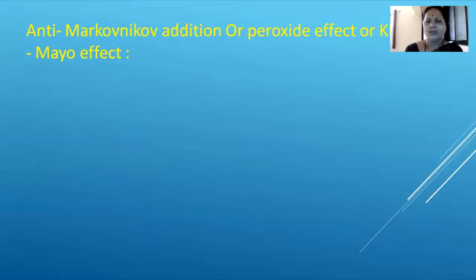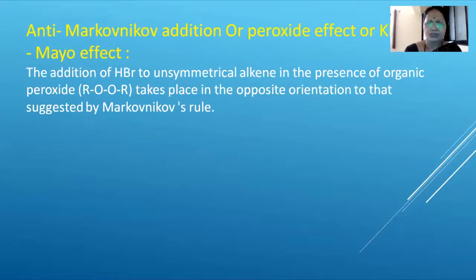Then we are going to see anti-Markovnikov addition or peroxide effect, which is also called Kharash-Mayo effect. Now, if addition of HBr to unsymmetrical alkene is carried out in presence of organic peroxide, it takes place opposite to Markovnikov's rule, in opposite orientation to that suggested by Markovnikov's rule.